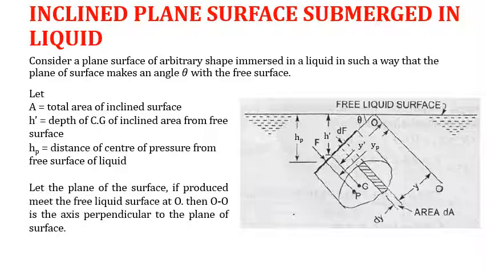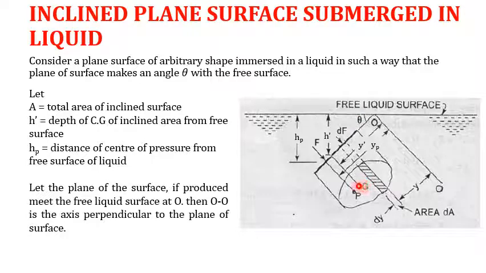Let's see the diagram first, where we have an arbitrary shape surface which is placed inclined in the liquid. This shows the cross-sectional shape of this surface, placed at an inclination. This figure shows the thickness of that surface, and it is placed at an angle theta with the liquid surface.